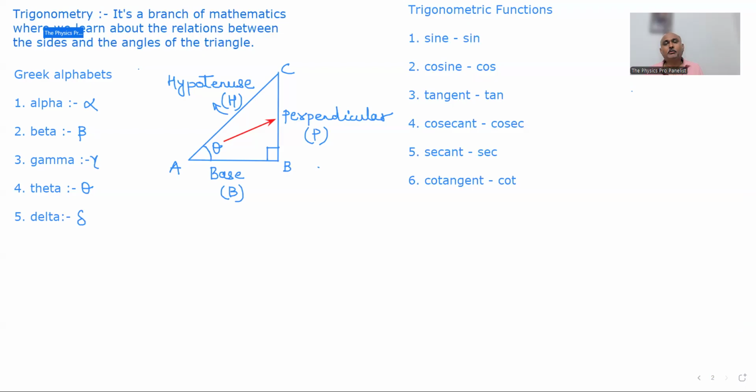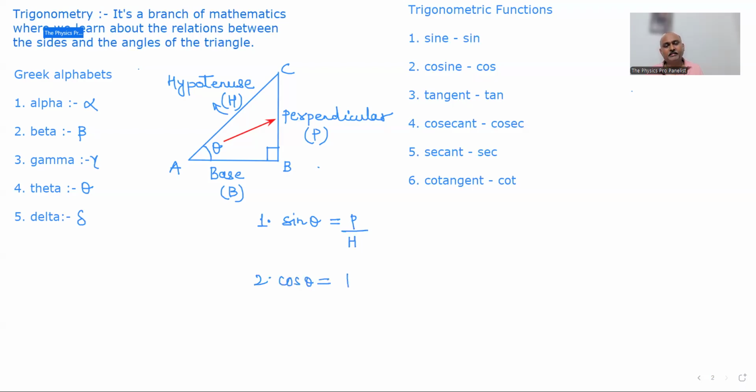Now, how are they related to the sides of the triangle? So I am starting with sine of theta. How do I write sine of theta? Sine of theta means this theta is operated upon by this trigonometric function. It is given as perpendicular upon hypotenuse, right? Second is cos theta.